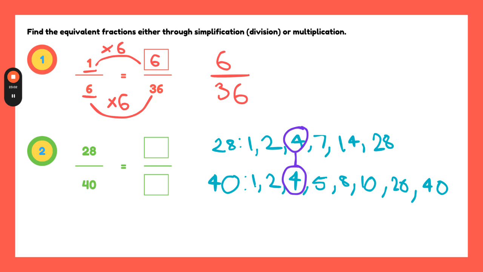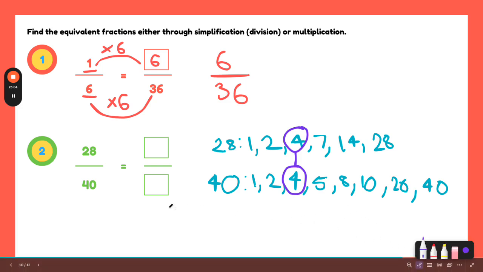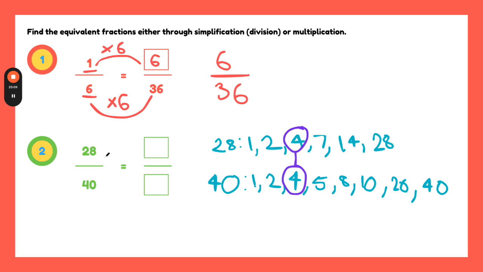So what we then do is say, okay, now we have our highest common factor. We now divide both our numerator and denominator by 4 to give us the equivalent fraction to 28 over 40.